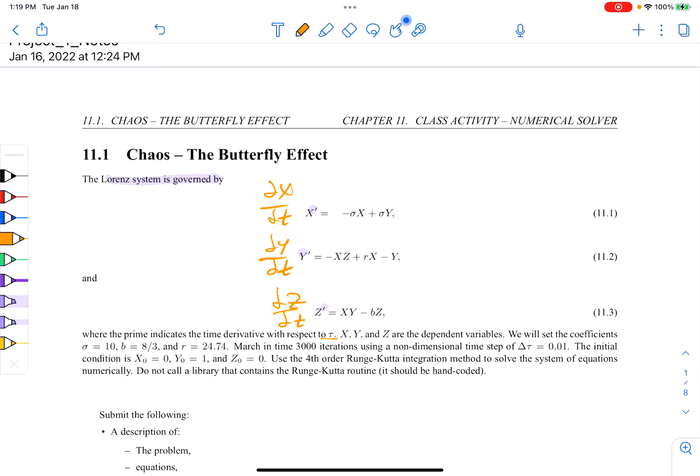X, Y, and Z are the dependent variables. And I am asking you to solve these differential equations numerically with these coefficients. And these are the ones exactly from Lorenz's paper where the Rayleigh number is slightly unstable and where the linear instability theory is applicable. And I ask you to march in 3,000 iterations, just like Lorenz did, using a non-dimensional time step of 0.01.